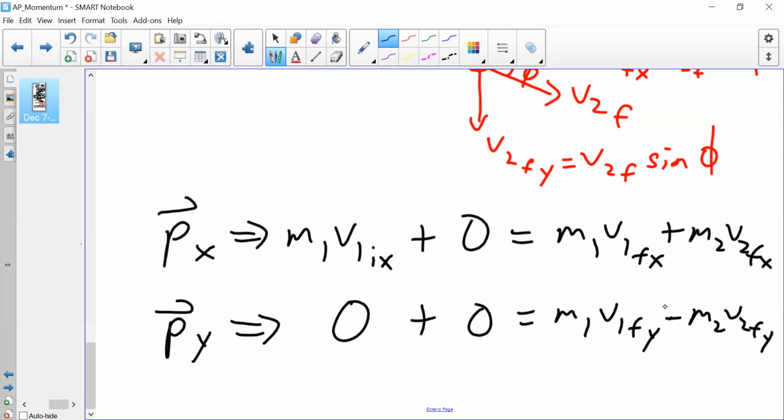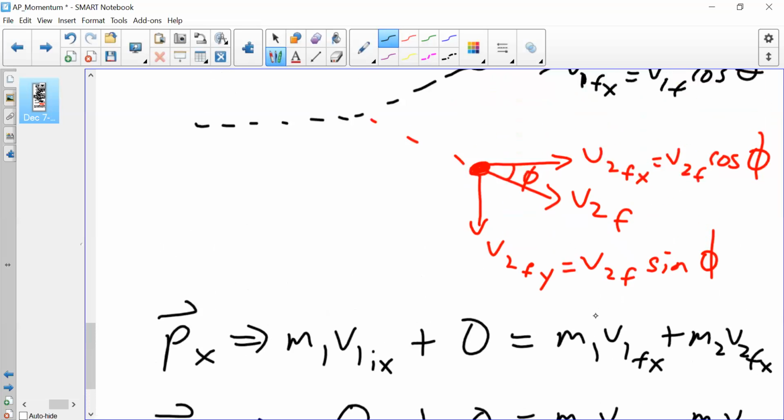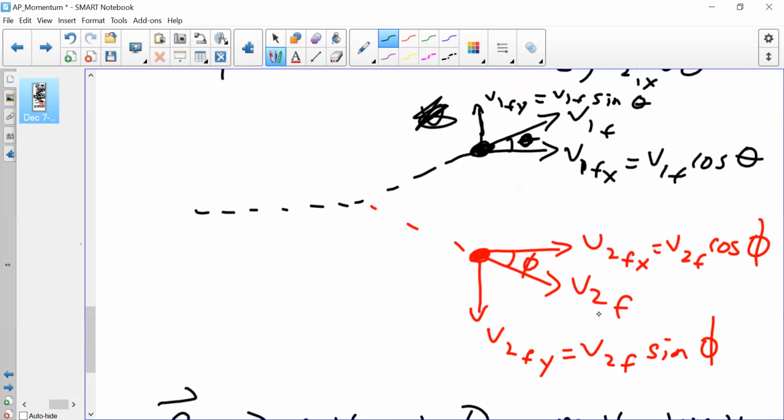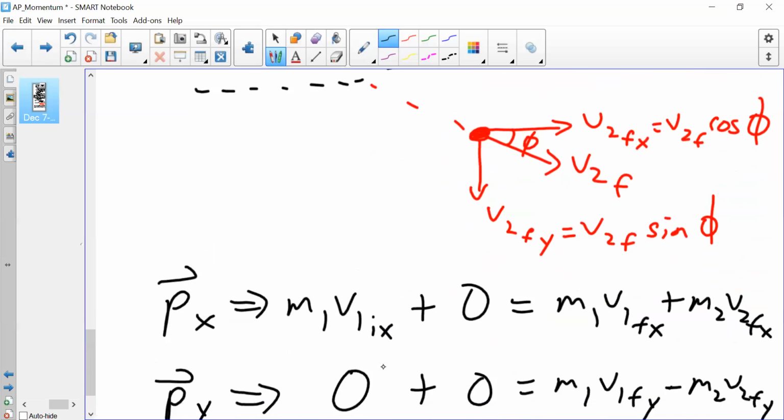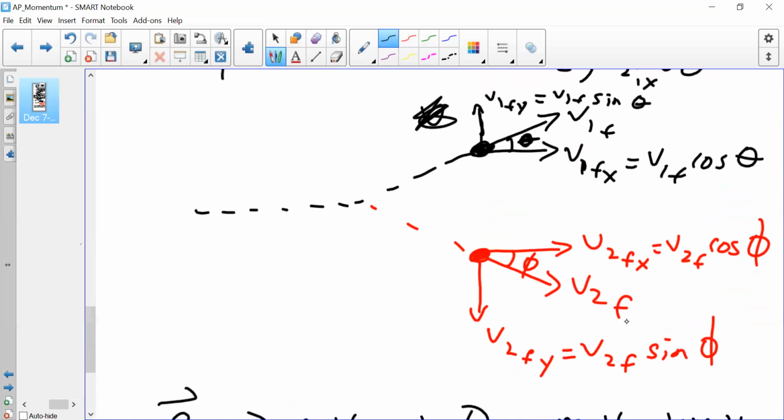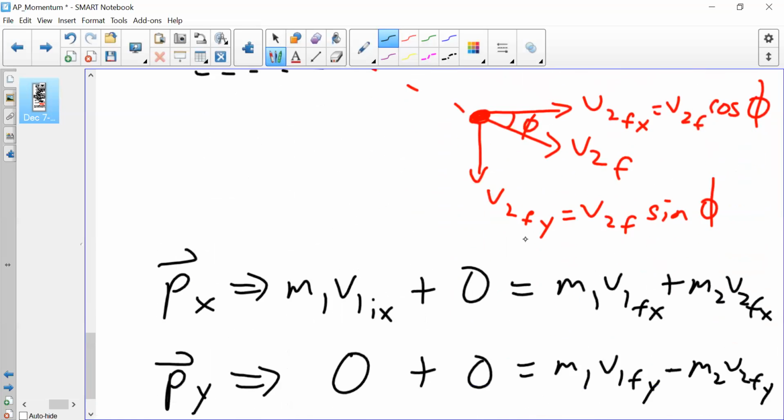So just the pure setup there, do we understand how that works? Do we see how that translates from the diagram to the equations? Straightforward. In the beginning, all the momentum is x, and this guy's at rest. Then it's broken up into two parts. This is positive, this is positive. And in the end, this guy is going to be positive, v1f.